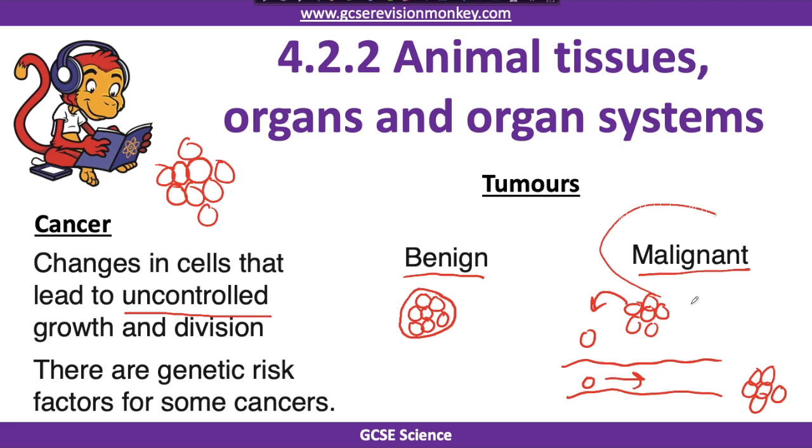And this type of tumour is our cancerous tumour. So benign ones, most of the time you can just take them away without any issues, small surgery, whereas malignant tumours, because those cancerous cells can spread around the body, that's when it is more difficult to treat.